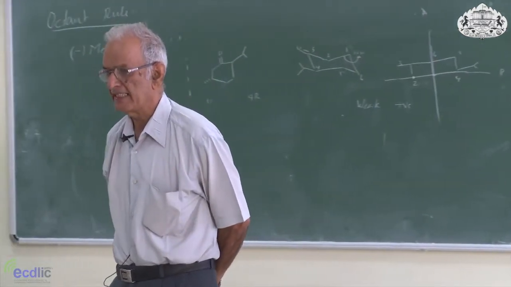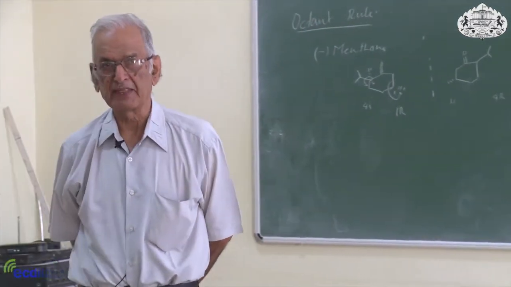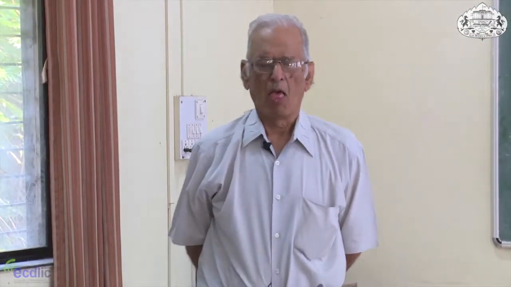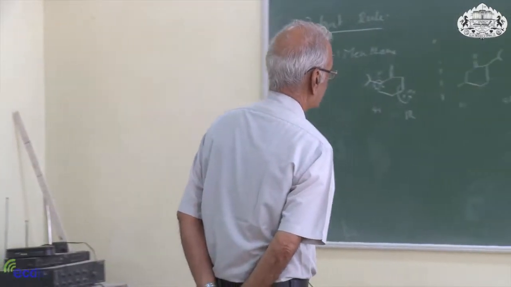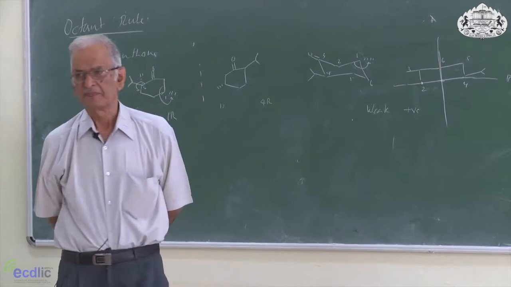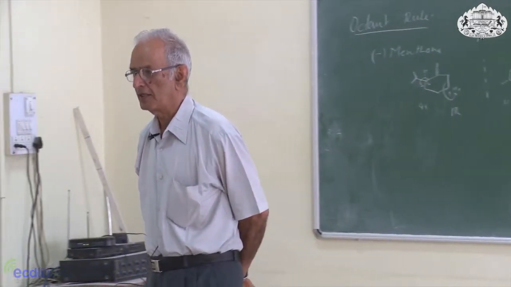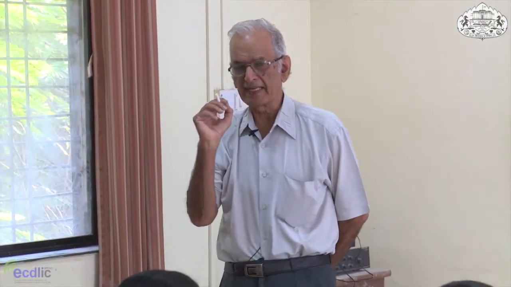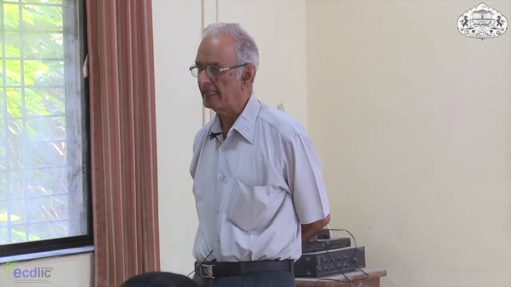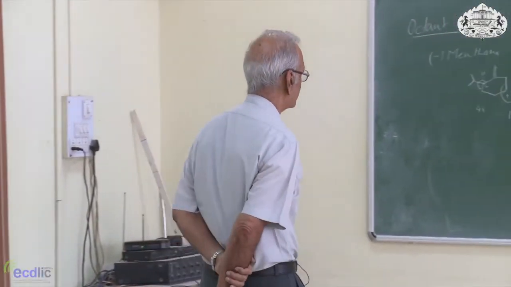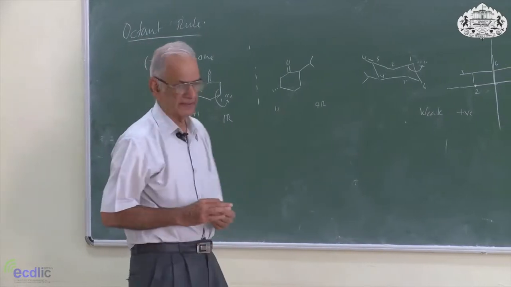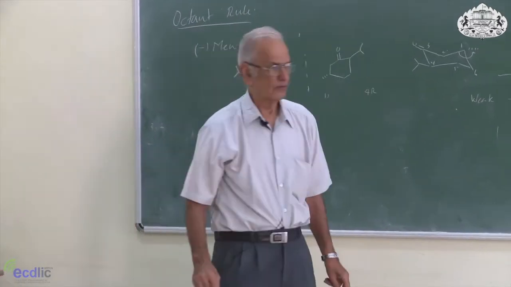So, at 589 the rotation is negative, therefore, we call it minus menthone. The sign of the Cotton effect is positive, therefore, there is no contradiction. We only realize that minus menthone relates to rotation at 589 nanometers. Okay. So, we have fixed that minus menthone is 1R4S.